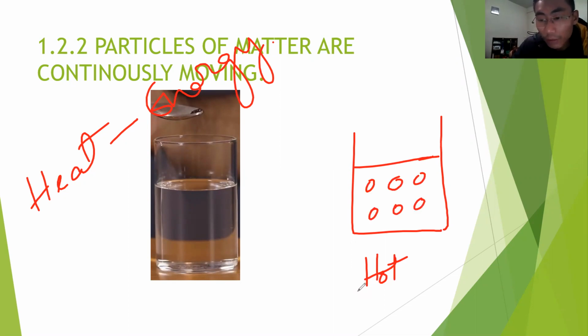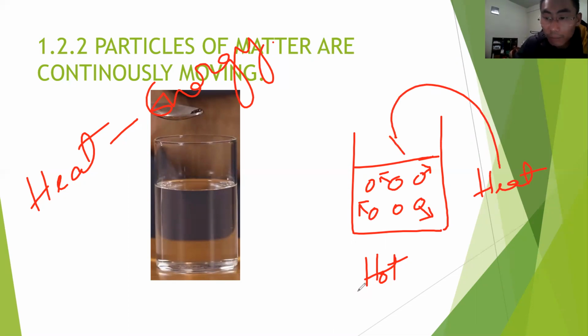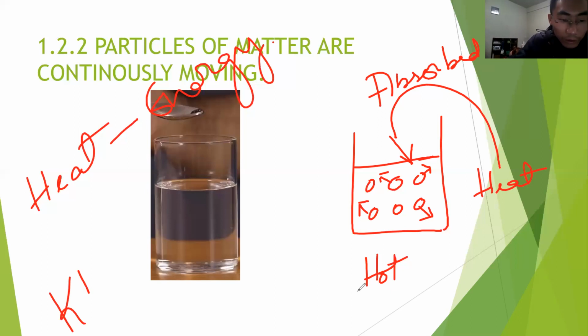These particles are moving in random directions. Now, there's heat. This heat energy will be absorbed by the particles of the potassium permanganate, and once absorbed, this energy will be converted into kinetic energy.